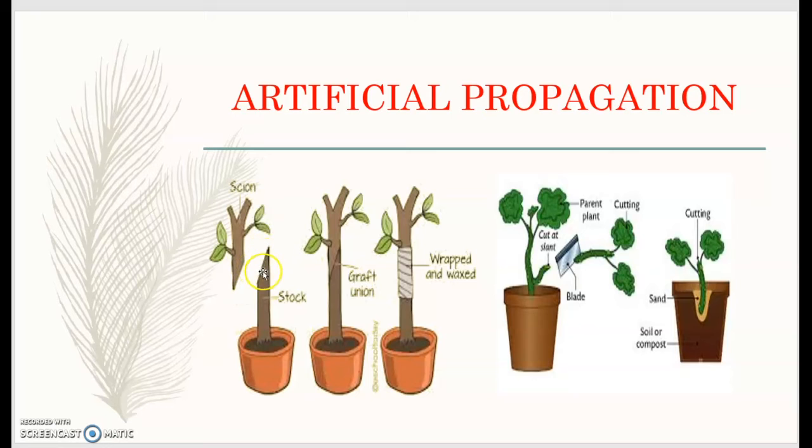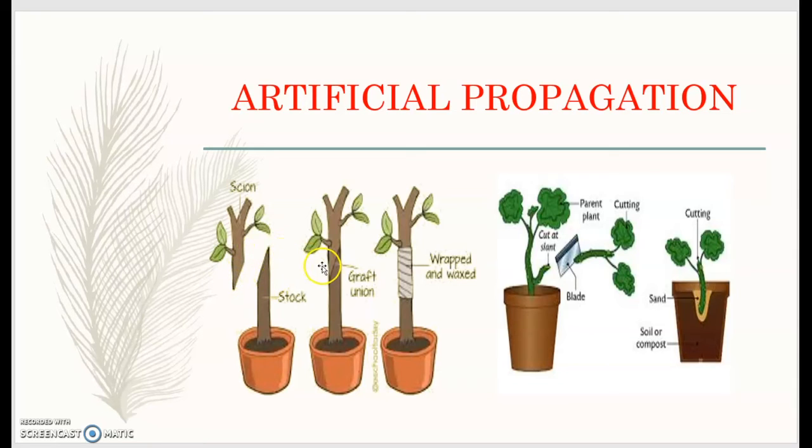So this much area will be in contact with the new plant so that their cells can sync. They will develop their xylem, the xylem will get completely fused, their phloem will get completely united, because there will be regeneration of cells and they will go well together, as they belong to the same variety. So they will develop into a new plant.